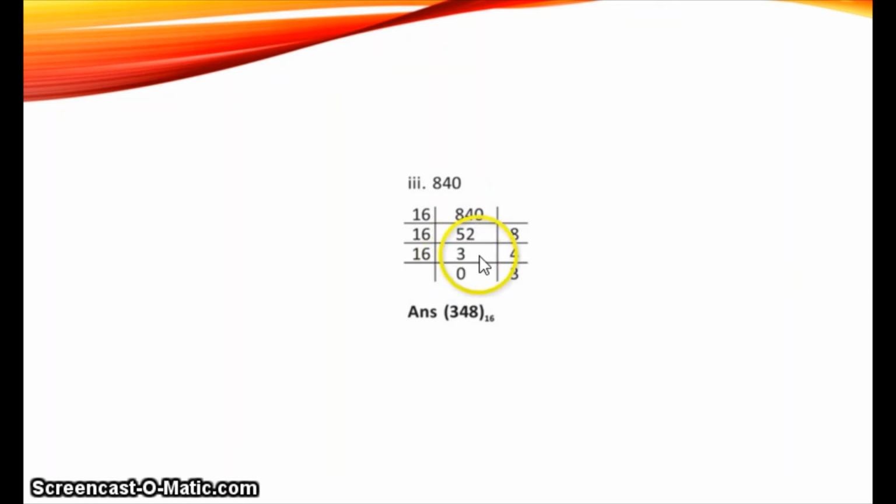Like here it is 3, so we can write it as 348, or making the quotient 0 and writing this 3 here, and then in reverse order 348 with the base 16. So these were the question answers, these were the conversions.